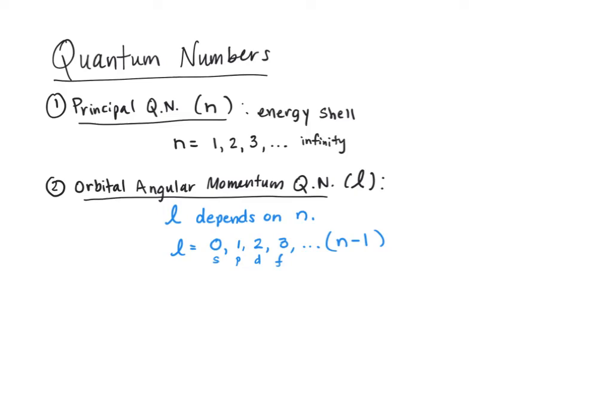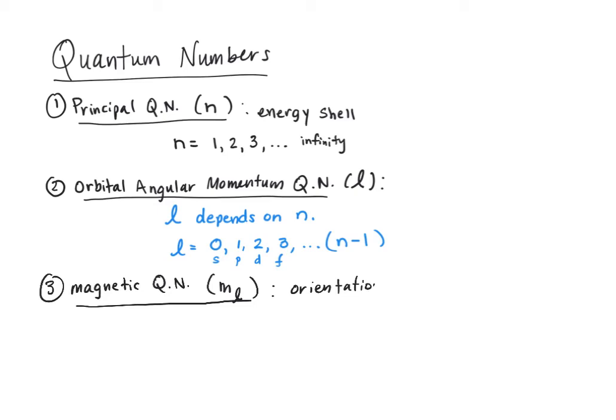We can describe the nature of these possible orientations through a third quantum number called the magnetic quantum number, or m sub L. M sub L will describe the orientation of orbitals and give us a count of the total number of possibilities that we have for a particular type of orbital.